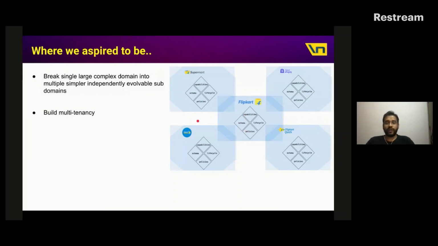Multi-tenant is where you have different pipelines for processing, for storage, all those things, and they do not interfere with each other. So that was the aspiration which we had.